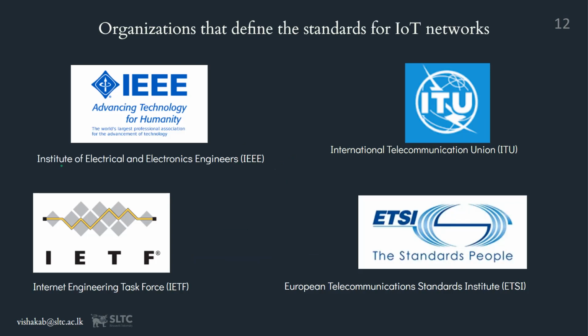The IEEE, or Institute of Electrical and Electronics Engineers, is one of the institutions that define the standards for the Internet of Things. There are also other institutions like the Internet Engineering Task Force, the International Telecommunication Union, and the European Telecommunication Standards Institute. These institutes provide the standards for the IoT network.